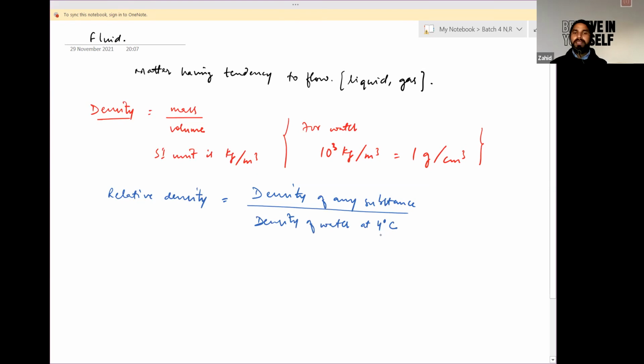I will define this part in next chapter, that is thermal properties of matter, how density of a substance would vary with temperature. And this particular ratio is also termed as specific gravity. And since it is a ratio of same quantity, so it will be unitless quantity.